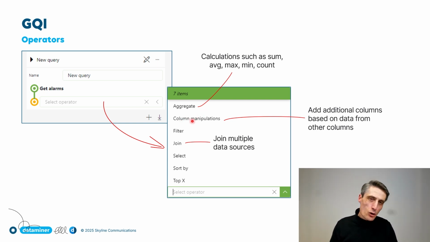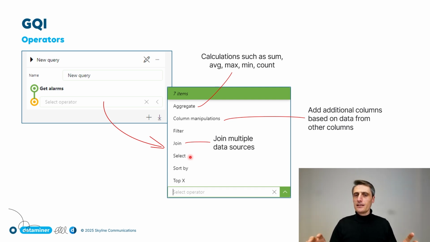Then column manipulations, as you can also add columns and have extra columns based on other columns, a little bit more advanced one. The filter is also a very popular one because we typically want to filter it down to the ones that I'm interested in. So I remove whatever is not of interest. Joining, we'll have one example in the demo to join two tables together. Sometimes that might be necessary.